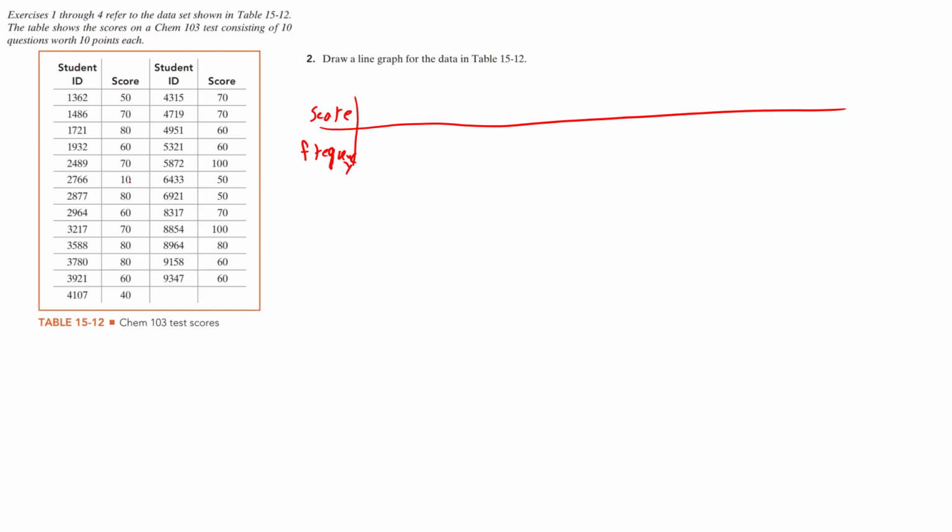We got a 10, and since each problem is worth 10, that's the lowest score. All right, so we have 10, and the score of 10 only had a frequency of 1. Next lowest score, just to try and stay in order, looking for something higher than 10. I'm seeing 40.